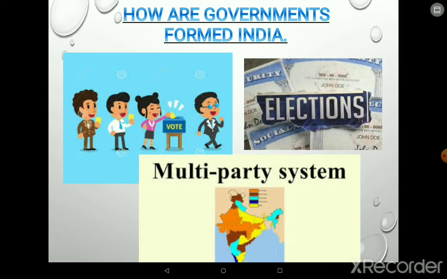Multi-party system means a system in which many political parties fight elections against each other. And sometimes there may not be one single party which gets the majority of seats. In such cases, two or more parties may join and form a coalition government. Means two parties run the same government. They run the government of the country.